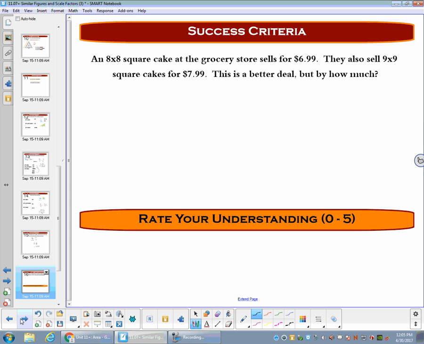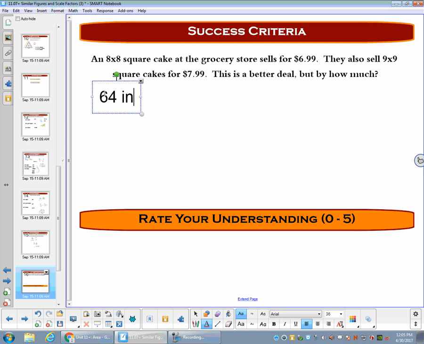All right, now this one, you could have probably done without this lesson. An 8x8 square cake sells at the grocery store for $6.99. They also sell a 9x9 cake for $7.99. Why is that second one a better deal? Well, the first one has 64 square inches for $6.99.